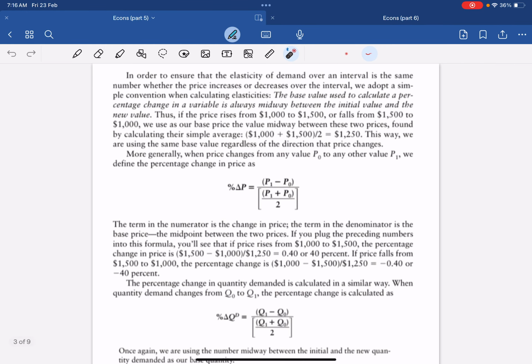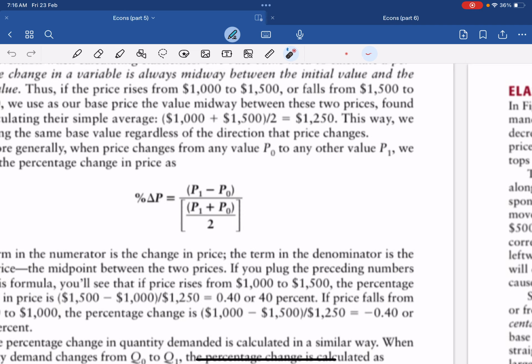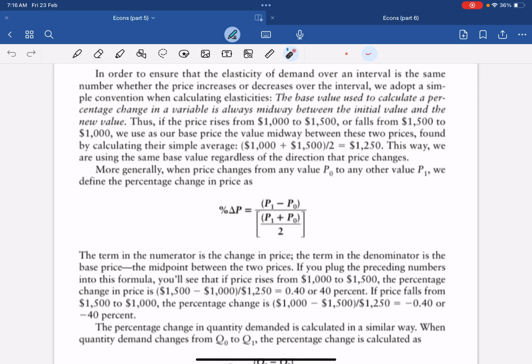So in order to ensure that the PED over an interval is the same, meaning you travel from here to here will give equal PEDs, we have to take this into account by using the midpoint way of calculating percentage change.